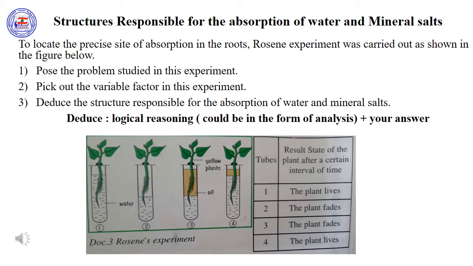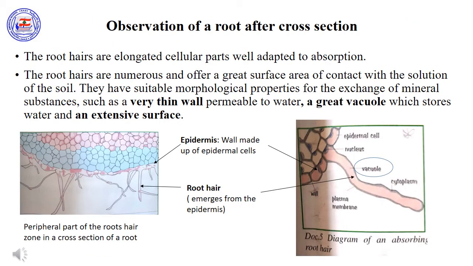In tubes 1 and 4, when the root hairs of the green plant are placed in water, the plant lives. However, when they are placed in air or oil, for example in tubes 2 and 3 respectively, the plant fades. Now you state your answer. Hence, the structure responsible for the absorption of water and mineral salts is the root hair.